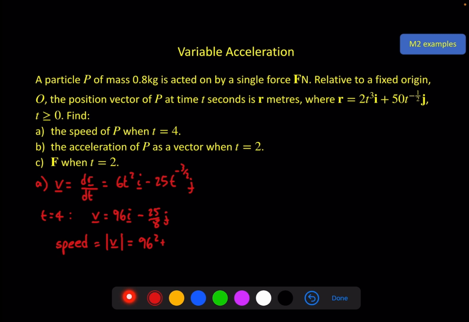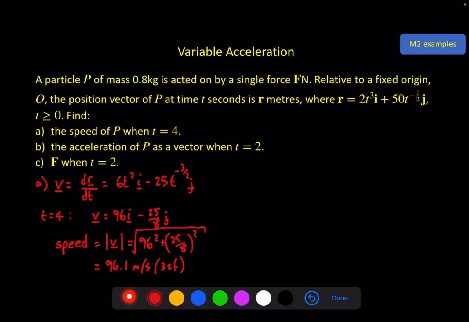And you could argue that I should put negative 25 over 8 here, but because we're going to square it anyway, that doesn't really matter. And that gives us the answer 96.0508 dot dot dot. So I'm going to write 96.1 meters per second to 3 significant figures. And that is the speed of p when t equals 4.